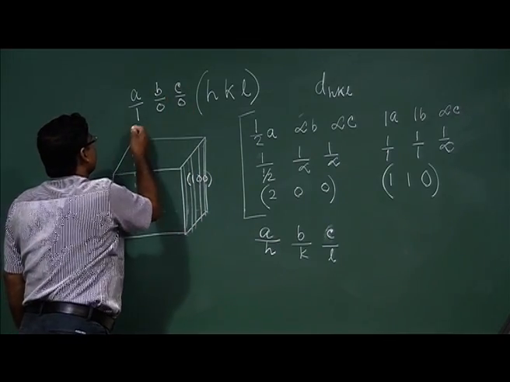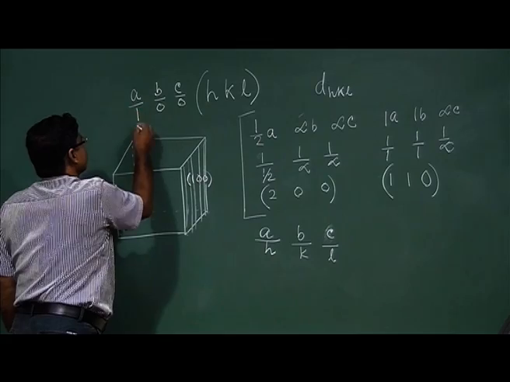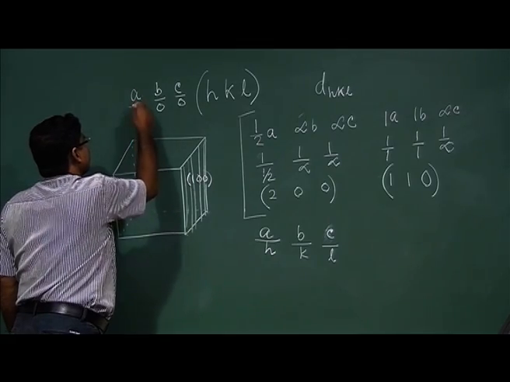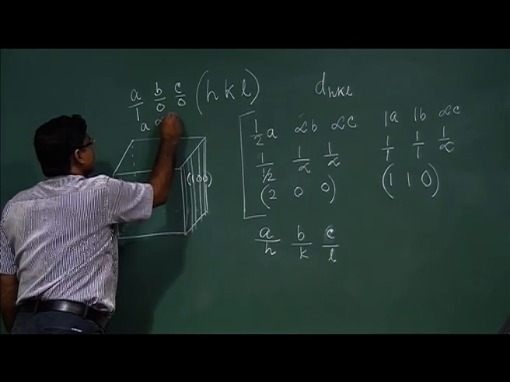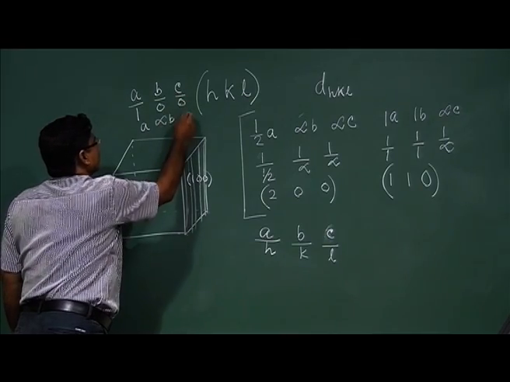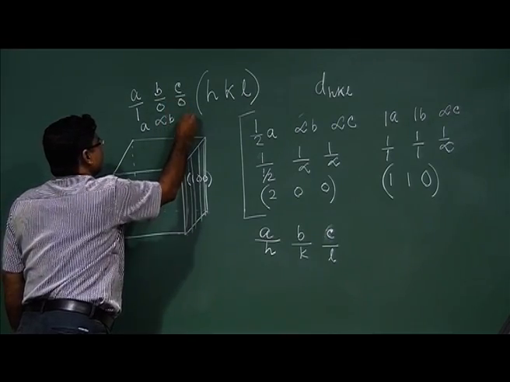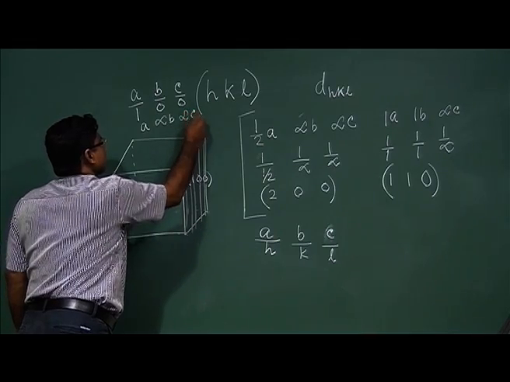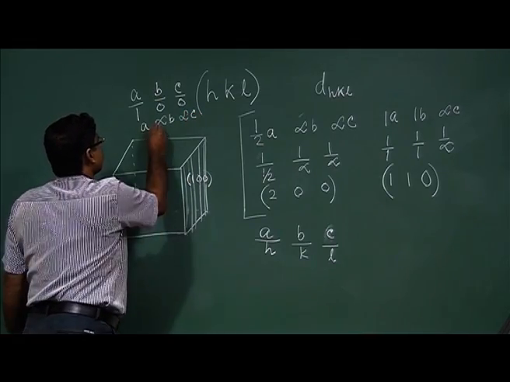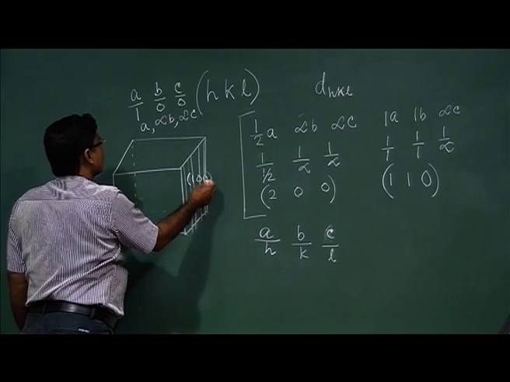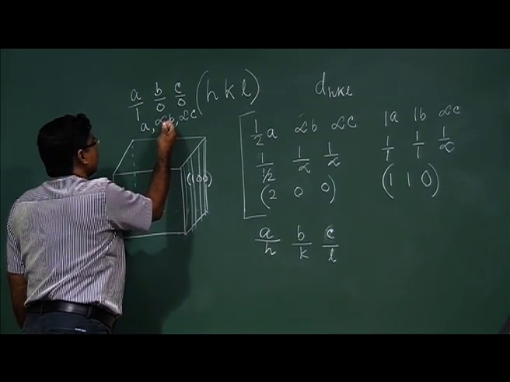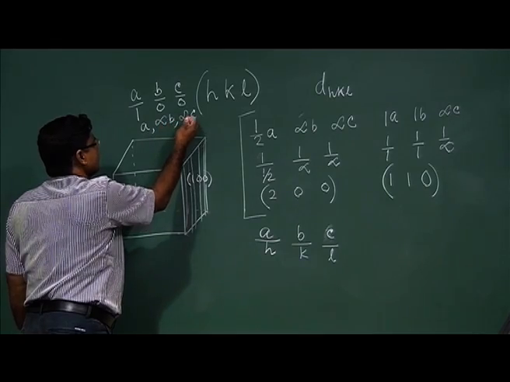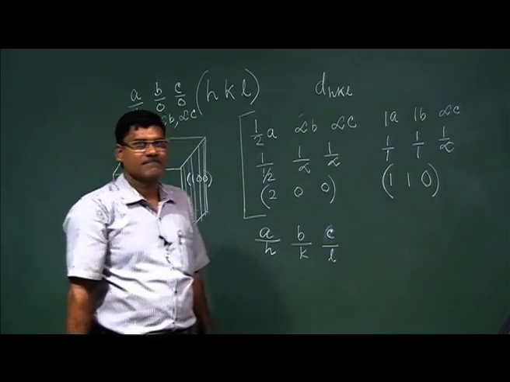So here you are getting just a by 1, which is a; 1 by 0, infinity b; 1 by 0, infinity c. So this 1 0 0 plane intersects at a, infinity b, infinity c.